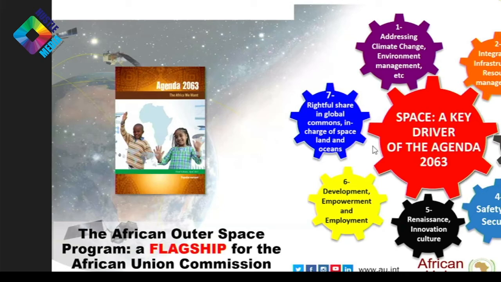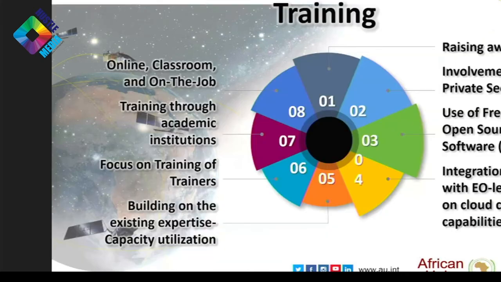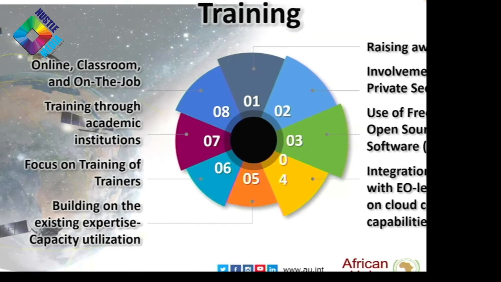And as we are going to see from this training, space is also applied in wetland management and other natural resource management. So when we did that, we came up with GMS in Africa as one of the implementation legs of the African Outer Space Program. The African Outer Space Flagship addresses four main areas, which we call the domains of space.